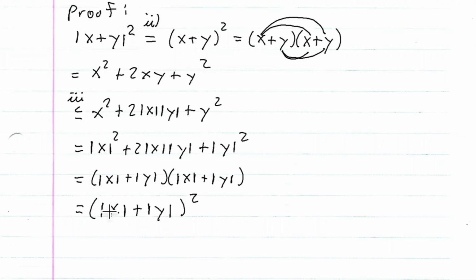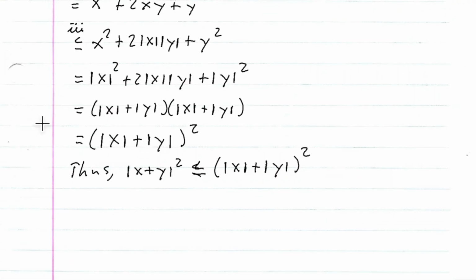Thus, we have that the absolute value of x plus y squared is less than or equal to the absolute value of x plus the absolute value of y squared.